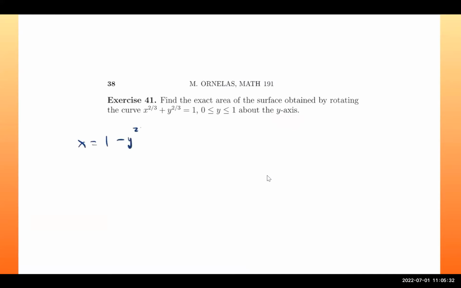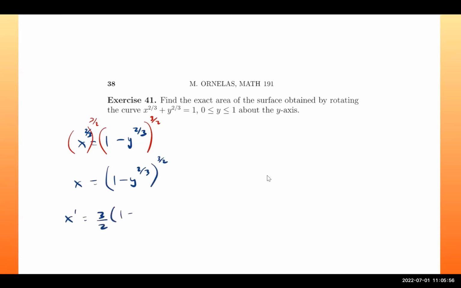So x is going to equal 1 minus y to the 2/3, and then we have to raise both sides to the 3/2. So now we have x equals 1 minus y to the 2/3, to the 3/2 power.